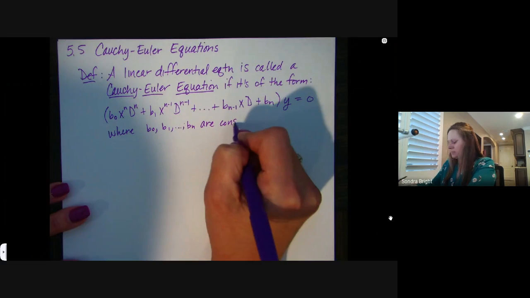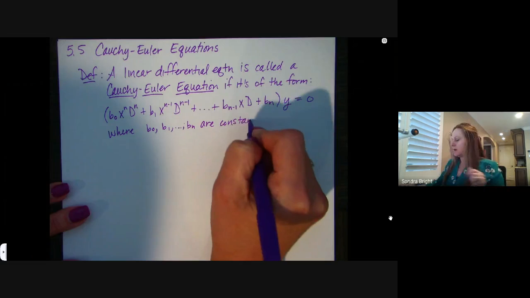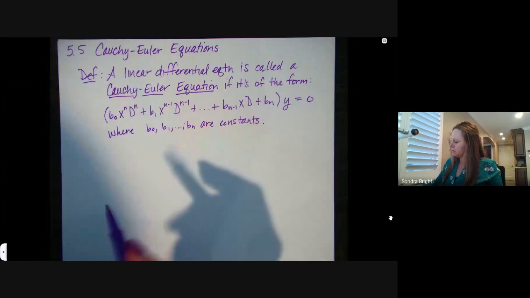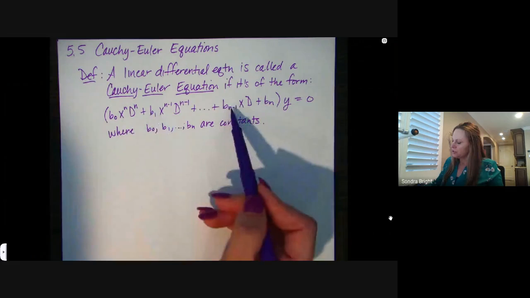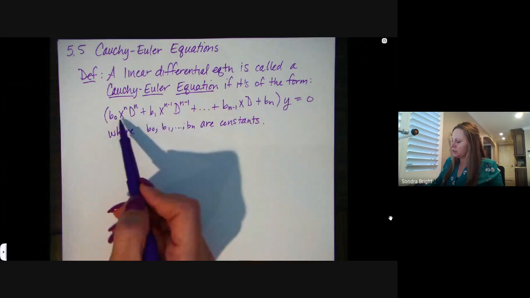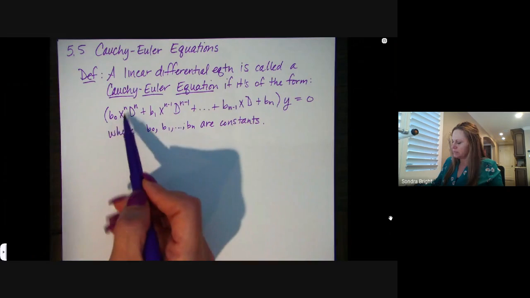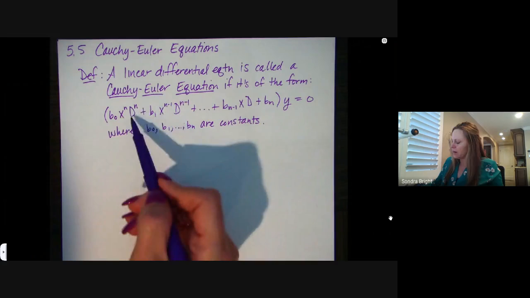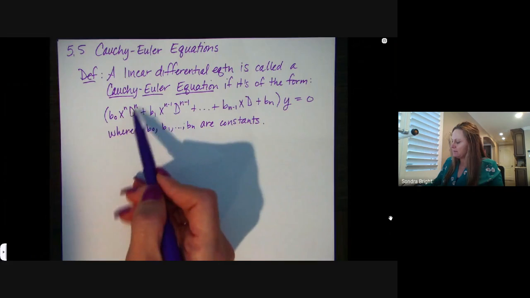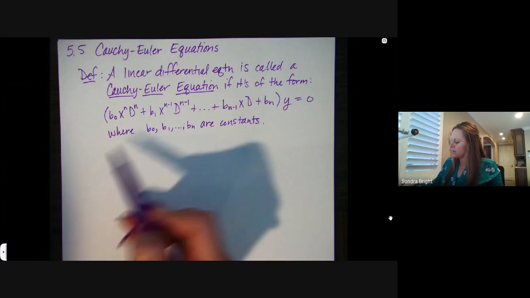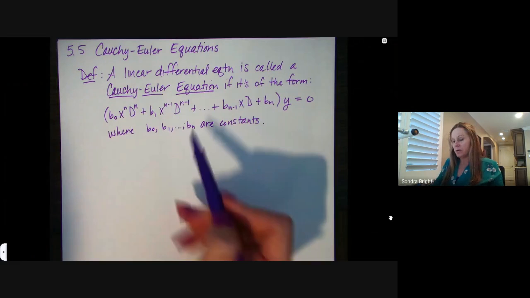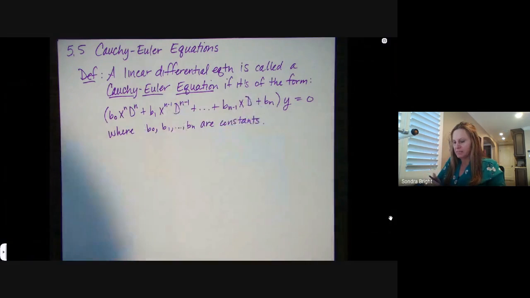So you've got constants. These guys aren't functions as the coefficients. But do you notice that now you don't just have a constant as your coefficient on this differential equation? You've got x to the n, x to the n minus 1, all the way down until x to the power of 1. But hopefully what you notice is that each of these exponents match.